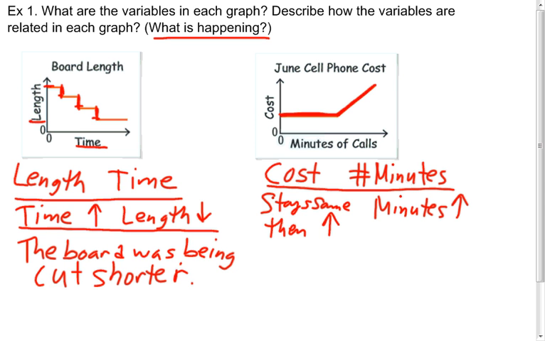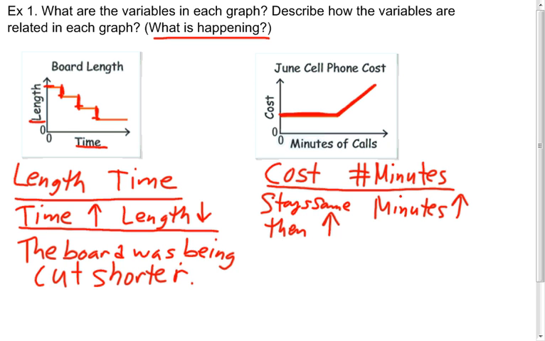Now, think about your cell phone bill for a second. I don't know if your parents probably pay it, but I don't know if you've ever looked at it. When you use your cell phone, you get so many minutes for your normal price of your phone. So let's say that you pay $30 a month for your phone. That usually includes like 100 minutes or 200 minutes or something like that. If you go over that amount, you have to pay extra, like 5 cents a minute or something like that.